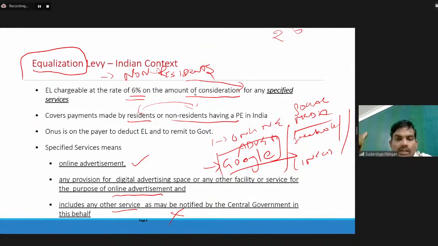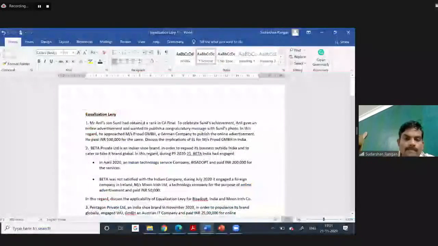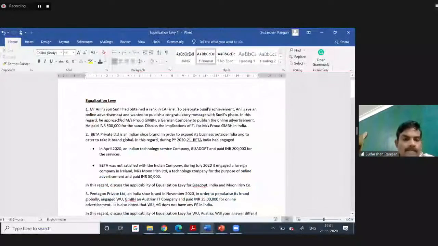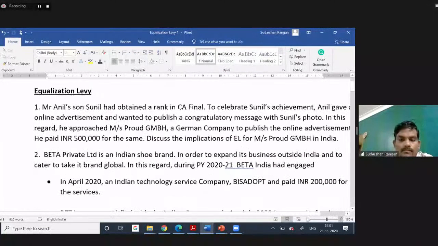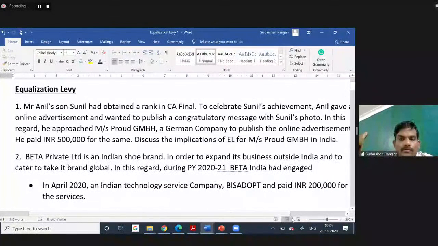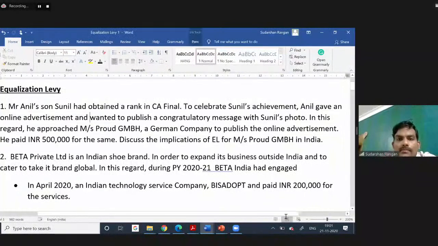Let's look at an example to understand this better. Anil's son Sunil had obtained a rank in CA final.